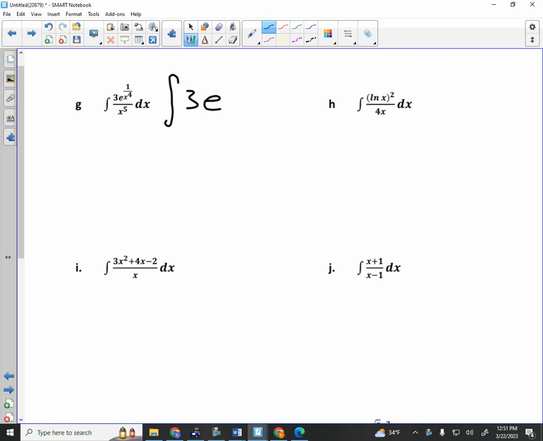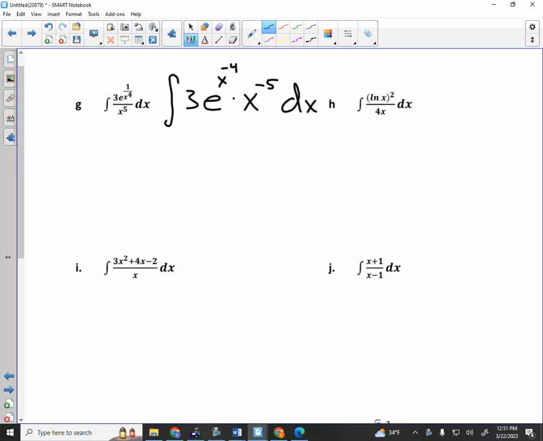Instead of writing 1 over x to the 4th, I'm going to write it as x to the negative 4th power. And instead of 1 over x to the 5th, I'm going to write it as times x to the negative 5th power. Now, you don't have to do that, but I'm trying to see if that helps people in their understanding. Okay. What do you think?